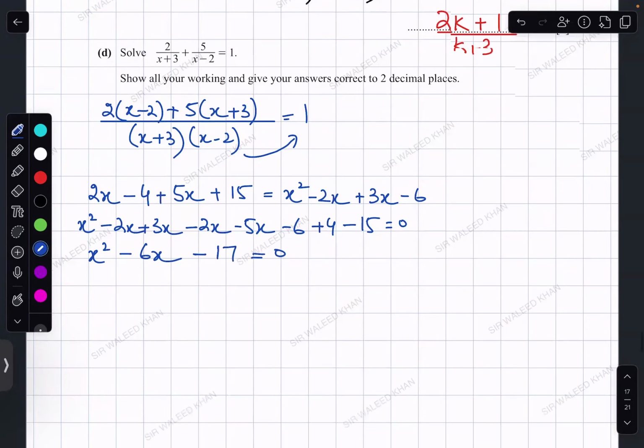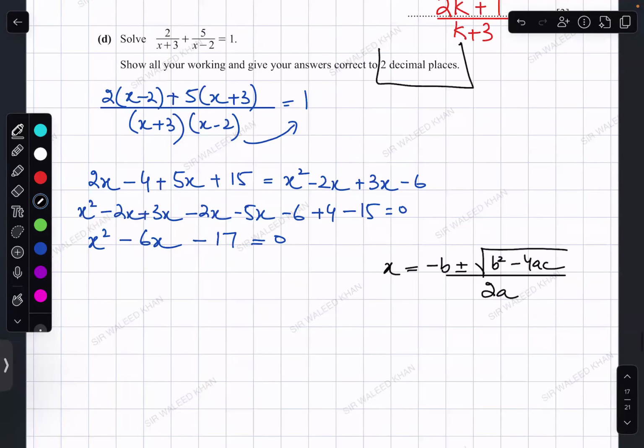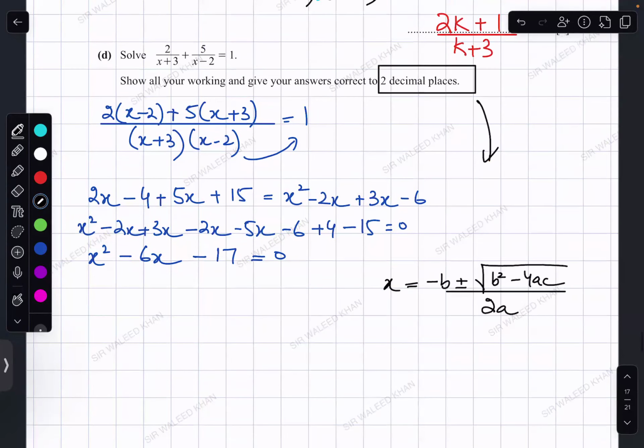And I have to solve this using the quadratic formula. What is the quadratic formula? The quadratic formula is x is equal to minus b plus minus under root b squared minus 4ac over 2a. Whenever they are referring to decimal places, significant figures and so on, you can use the quadratic formula. Otherwise, you will be stuck with the middle term breaking.